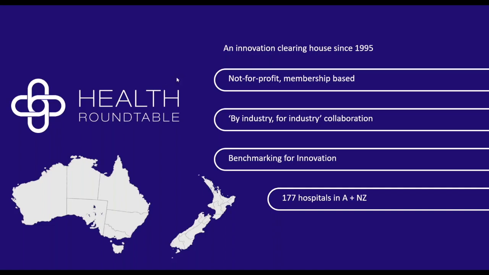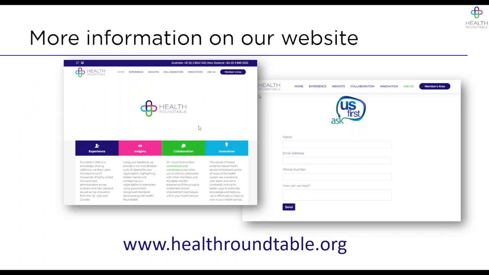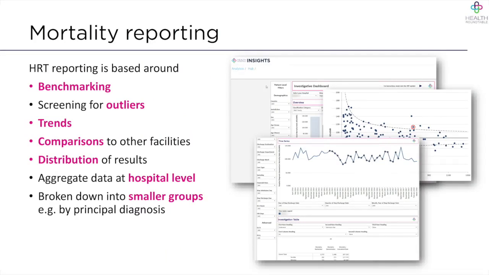If you're interested in more information about the Health Roundtable, you can go to our website, www.healthroundtable.org. And there's a contact form there. If you have any questions beyond the presentation today, please contact us and feel free to ask.